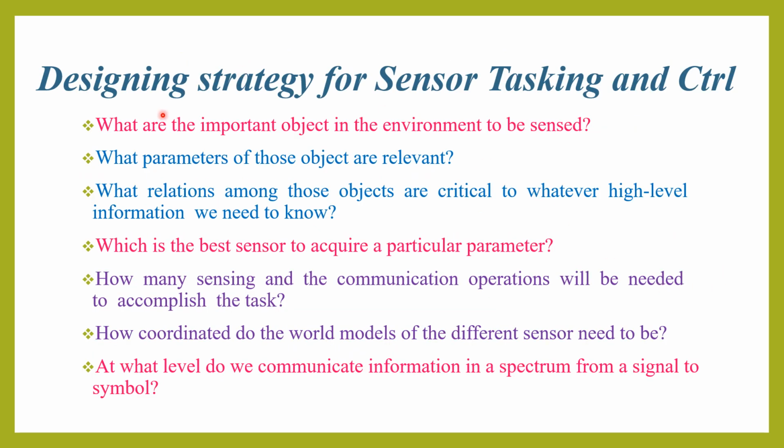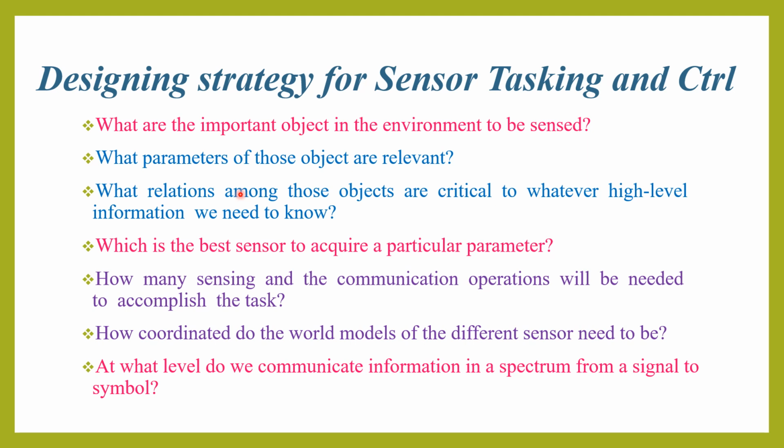Before designing any strategies for sensor tasking, we have to impose some control by answering these questions. First, what are the important objects in the environment to be sensed? We have to choose what kind of physical quantity we are going to sense in an environment, whether it is a single quantity or more than a single quantity, and what the relationships are between each quantity and the higher level of information we need to know.